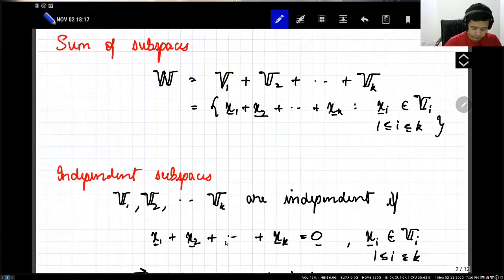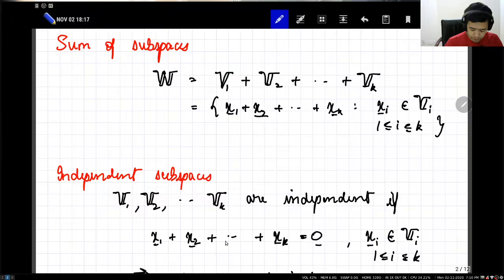So what do I mean by a sum of subspaces? Suppose that we have vector subspaces V1, V2 up to Vk. These are subspaces of some vector space V. Then the set of all sums of vectors from each of these Vi's is what I call the sum of the subspaces.